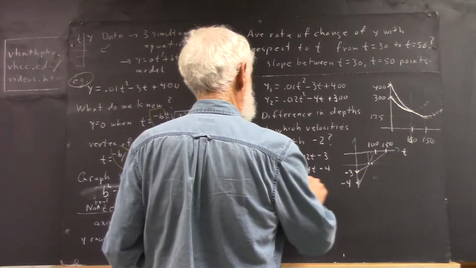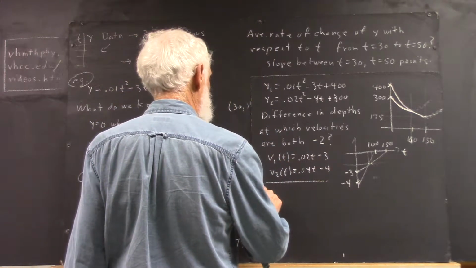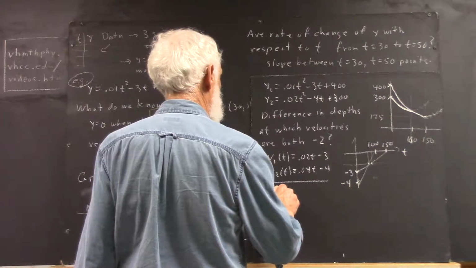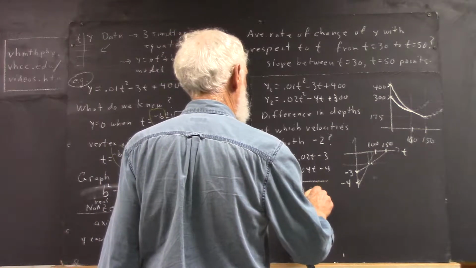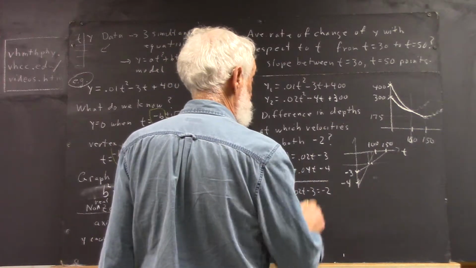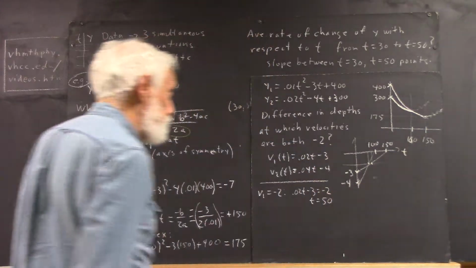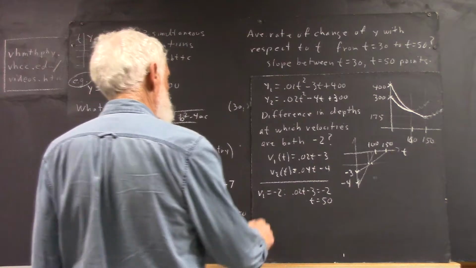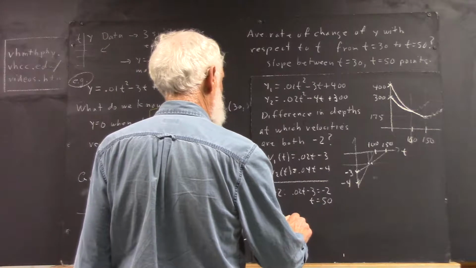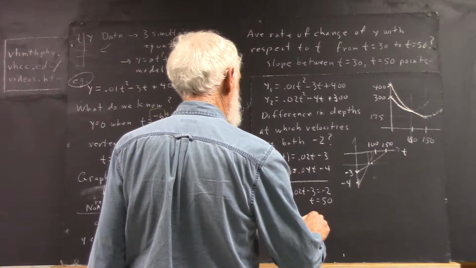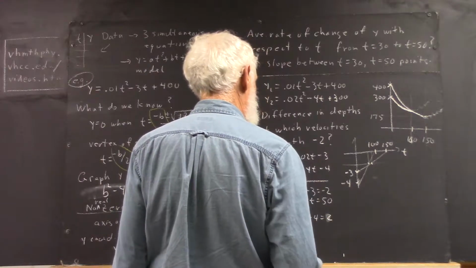So what we can find is, okay, V1 is -2, gives us the equation 0.02t minus 3 equals -2. And that's going to give us t equals 50. V2 equals -2. That's going to be 0.04t minus 4 equals -2.